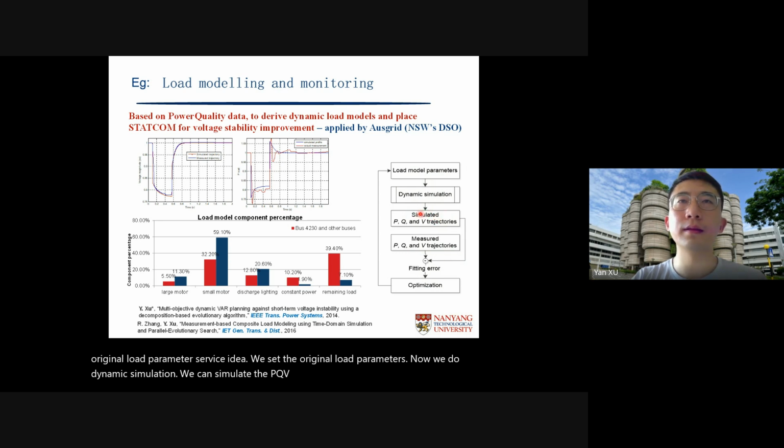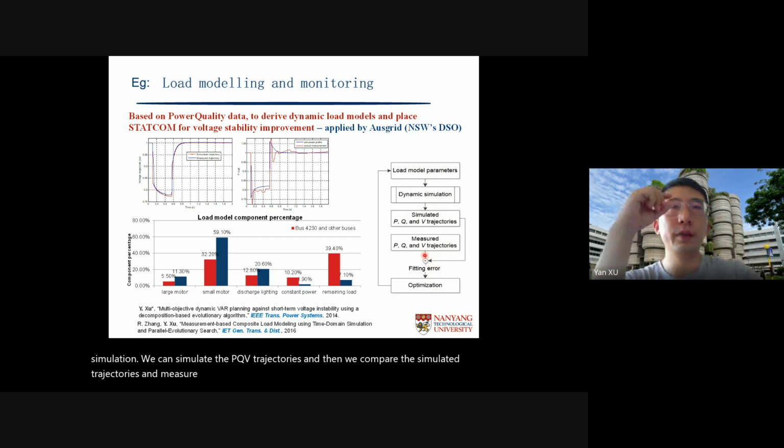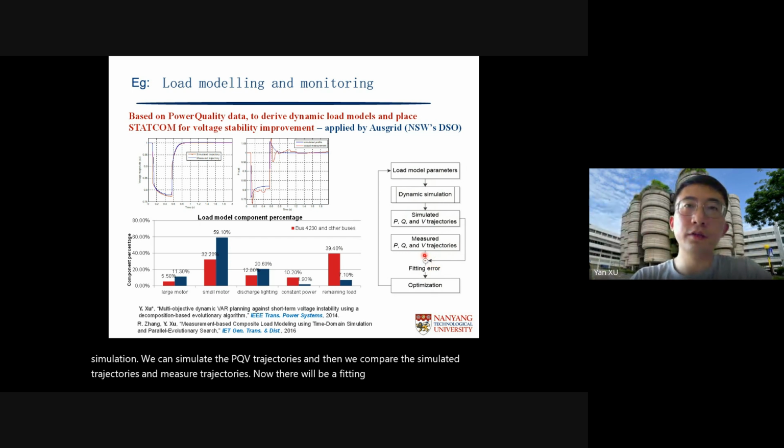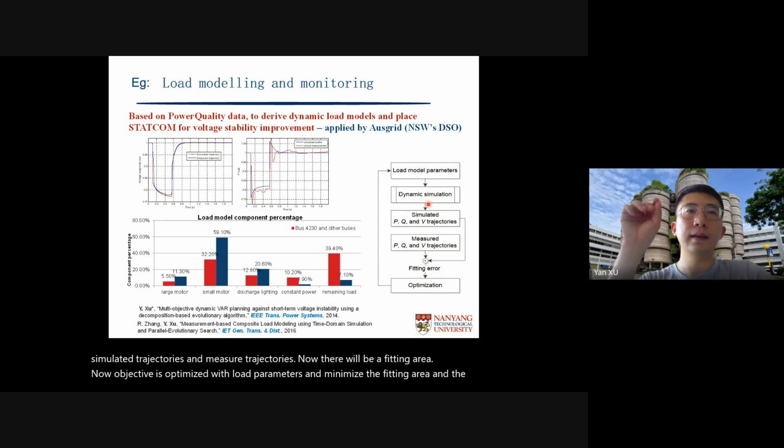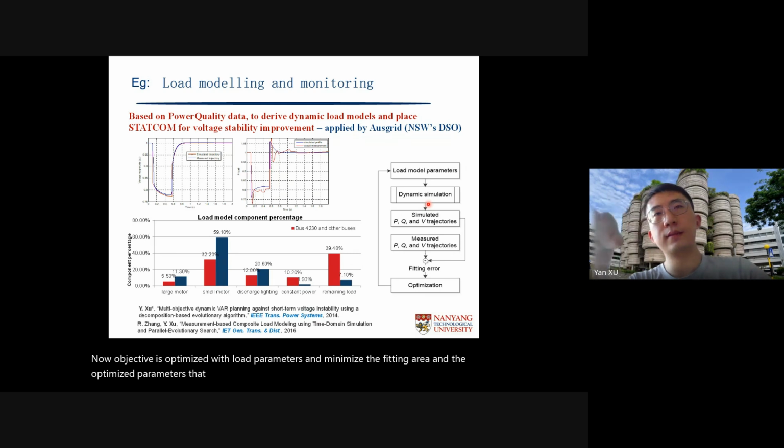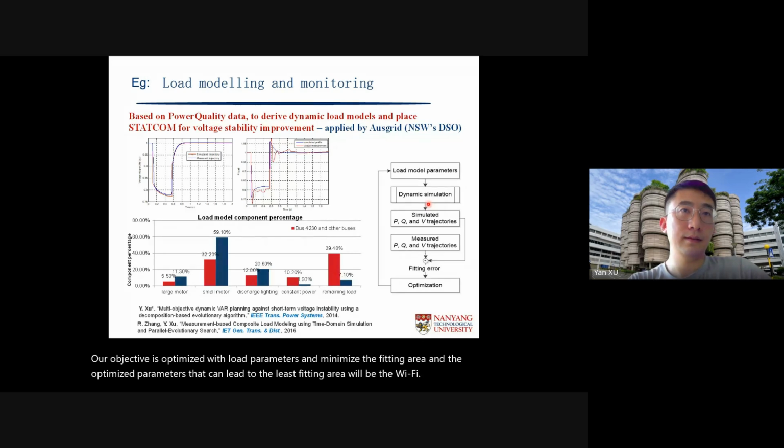Then we compare the simulated and measured trajectories, and there will be a fitting error. Our objective is to optimize these load parameters to minimize the fitting error. The optimized parameters that lead to the least fitting error will be the parameter set we want.